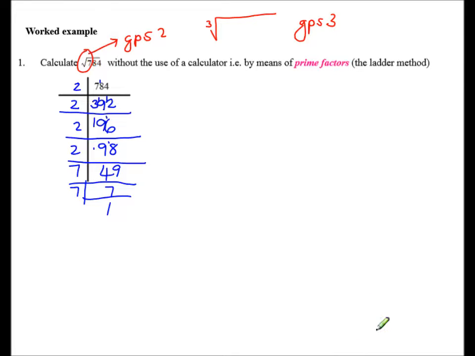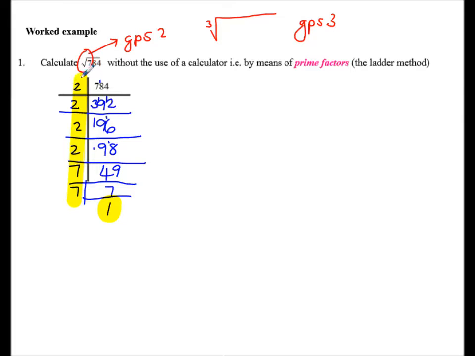Remember, when doing the ladder method, your answer always at the end is 1, and these all have to be prime factors. In other words, those are all prime numbers. It is important to know that if I'm grouping in groups of 2s, I'm going to find the correct number of groups.